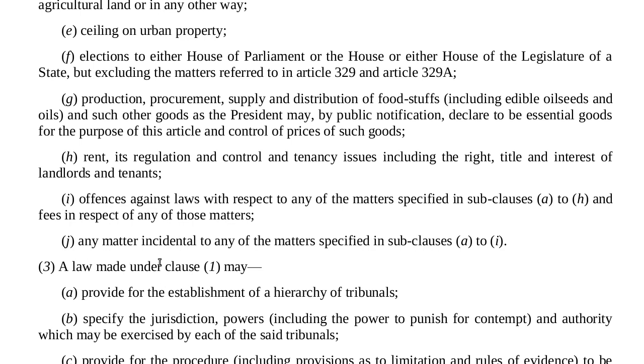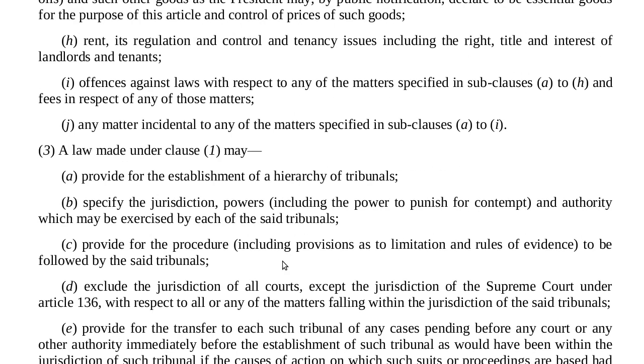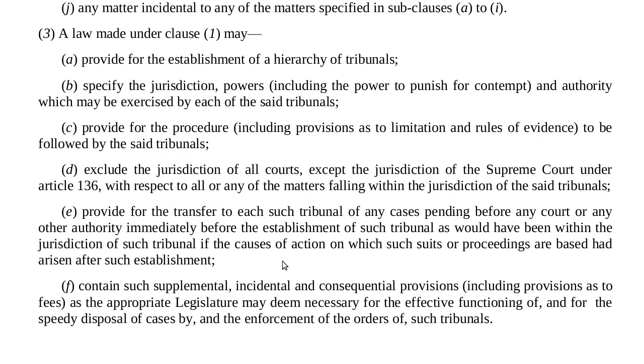3. A law made under clause 1 may: A. Provide for the establishment of a hierarchy of tribunals. B. Specify the jurisdiction, powers, including the power to punish for contempt, and authority which may be exercised by each of the said tribunals.